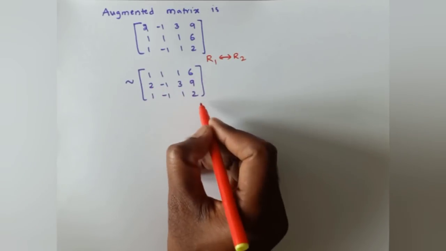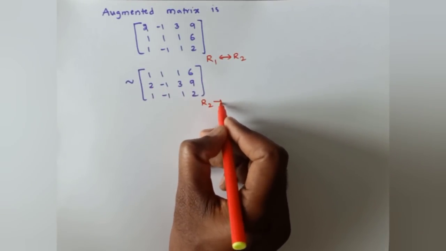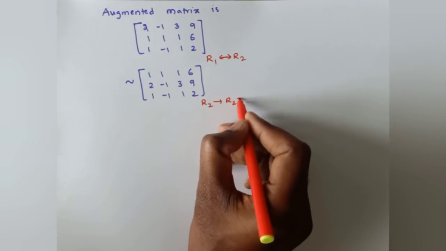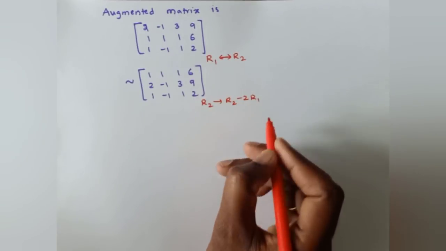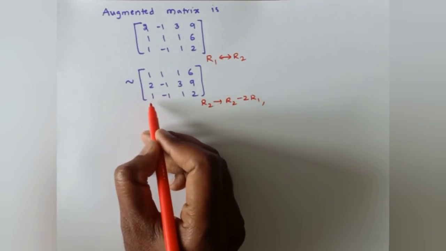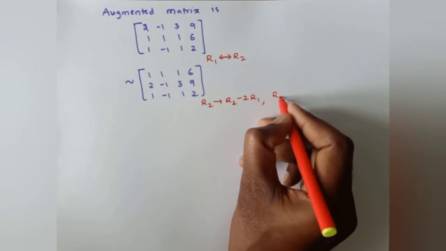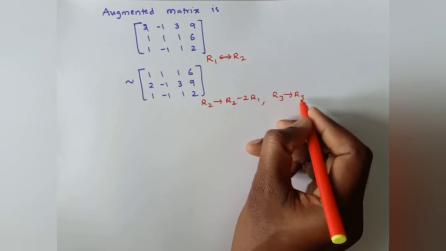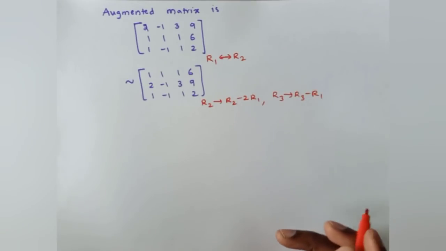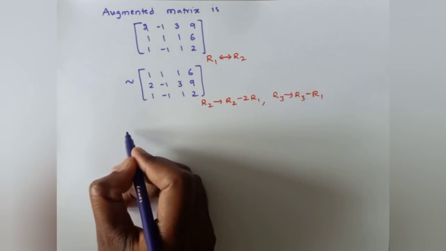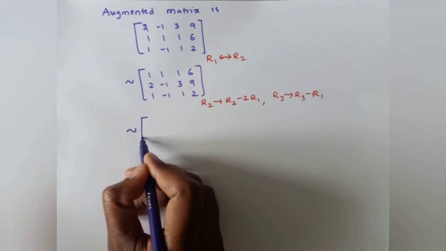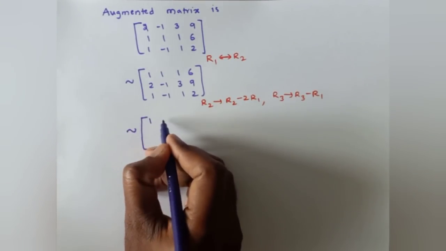To make this element 0, apply R2 minus 2 into R1. Next this element, simply 1 minus 1, so R3 minus R1. On applying these operations, the resultant is equivalent to: no change in the first row.